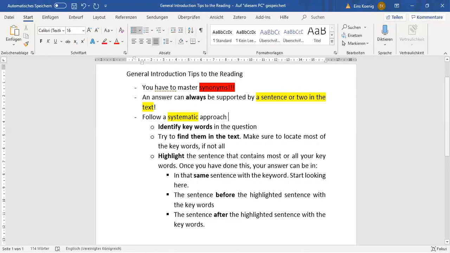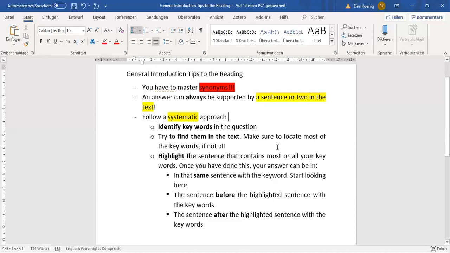So the very first point you need to take note of is the use of synonyms. You really need to master synonyms, because as we go to the PDF, you will realize that the words you have in the question might not be the same as the words you have in the reading text.